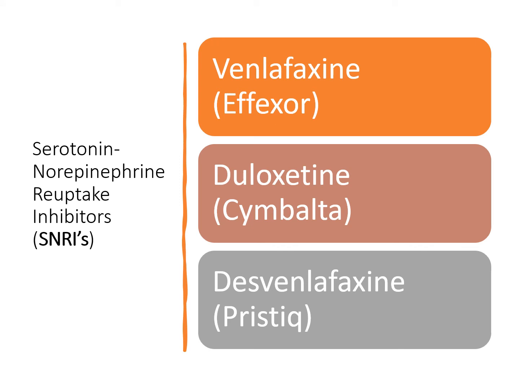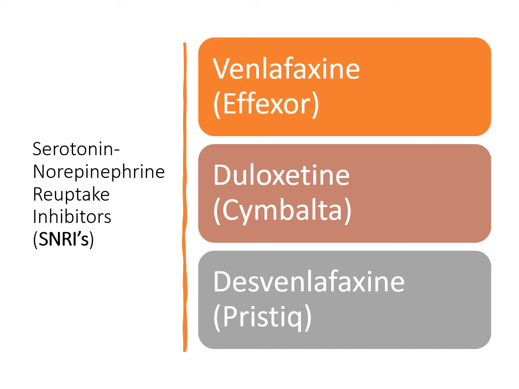Our next category of medication, serotonin norepinephrine reuptake inhibitors, SNRIs, similar to SSRIs. Their main effect is on serotonin. With the SSRIs, they inhibit the reuptake of serotonin, where your nerve cells emit it and then pull it back.